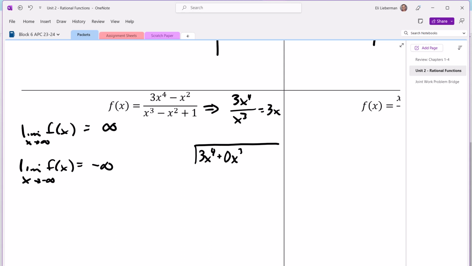Could you say minus 0x cubed? That's fine. I think that's weird, but it's also weird to add 0. Minus x squared plus 0x plus 0. And on the outside, of course, plus 0x plus 1.